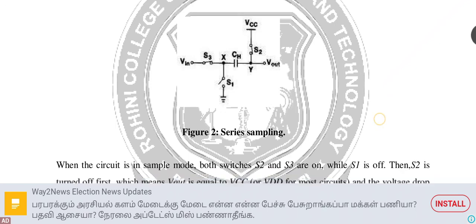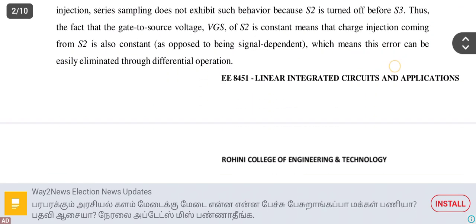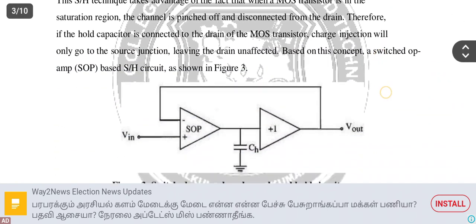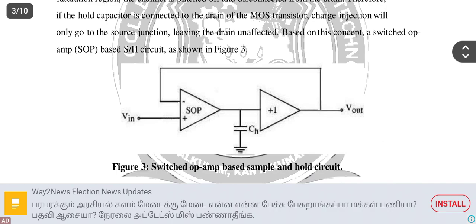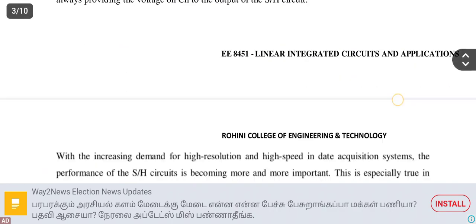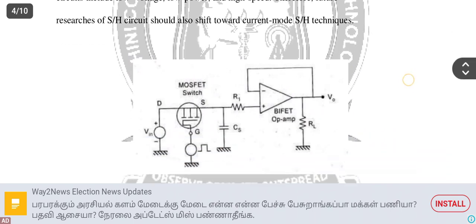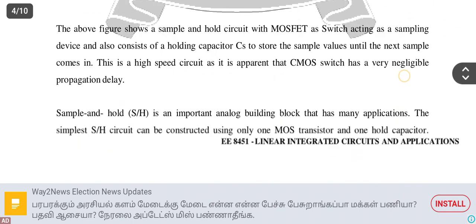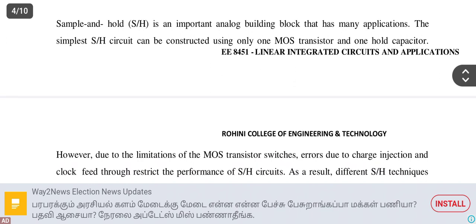A switched op-amp based sample and hold circuit is represented in this diagram. The sample and hold circuit can be constructed using only one MOS transistor and one hold capacitor.